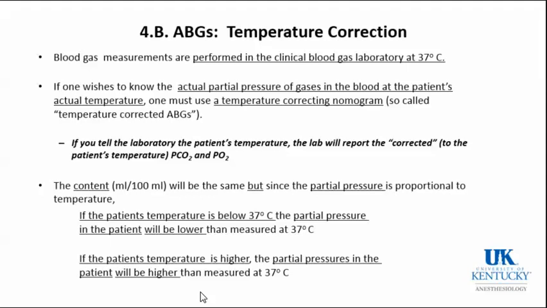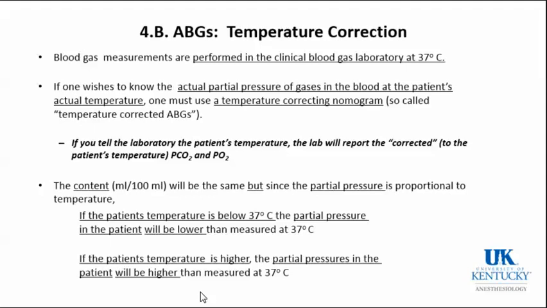Now, the other question was about temperature correction. This is always confusing, or tends to be confusing to people. I hope I can make it less confusing. The first thing to know is that the blood gas measurements, when we send them to the laboratory, are performed at 37 degrees.